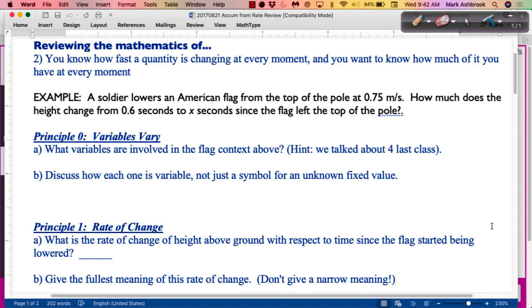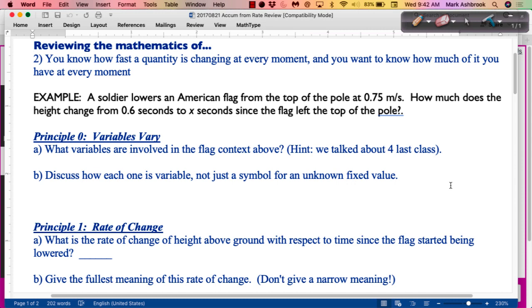We've got quantities all around us, things that we measure, and they're changing at a certain rate. One part of calculus is about modeling how much is accumulating, given a certain rate of change of a quantity. That's exactly what this is asking.